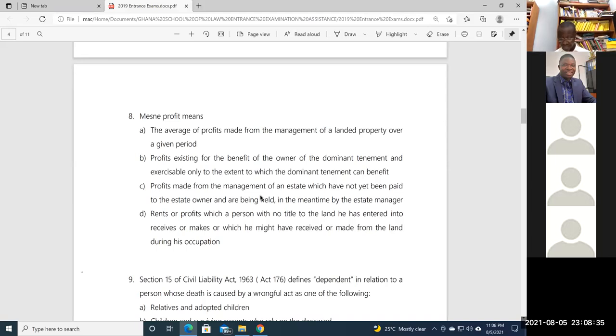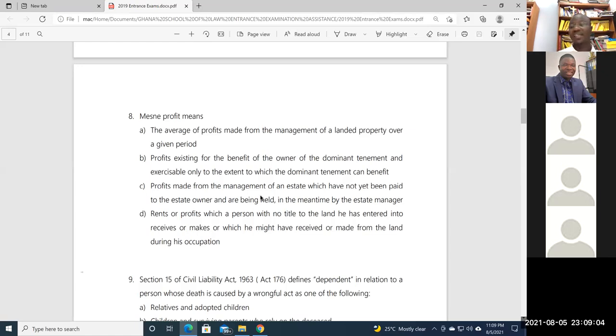Because if you remember, we explained that the mesne profit, from the definition that I quoted for you, is the profits of an estate received by a tenant in wrongful possession between two dates. So you have someone who is in wrongful possession.